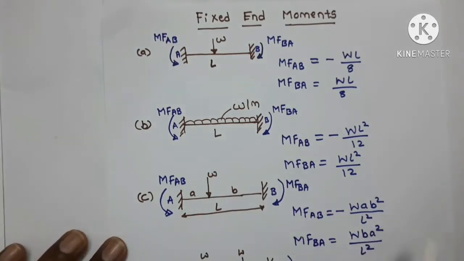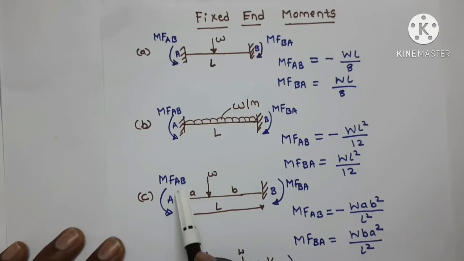In the next case, the same fixed end moment and a point load is acting, but the distance is unequal, or you can say it is not acting at the center.